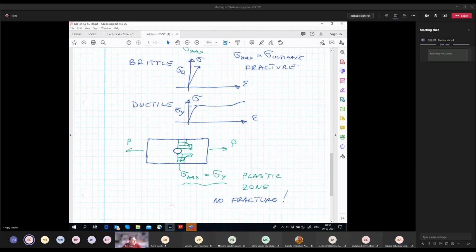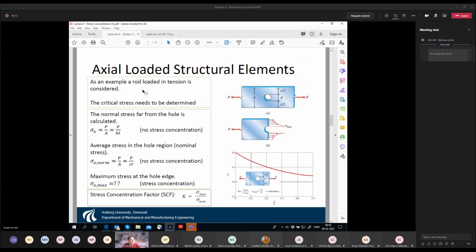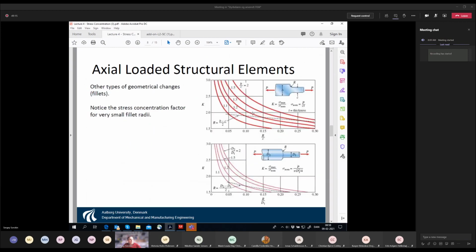I have a quick question, Sergey. I'm a bit confused how you find the maximal stress. You wrote something about the stress concentration factor times the nominal stress, but you also write here that the maximal stress is equal to the yield stress. So are you supposed to just calculate it or look it up for the material? The maximum stress, of course, you could calculate, but this is exactly where all these diagrams come from.